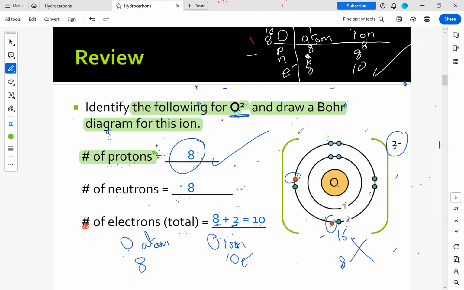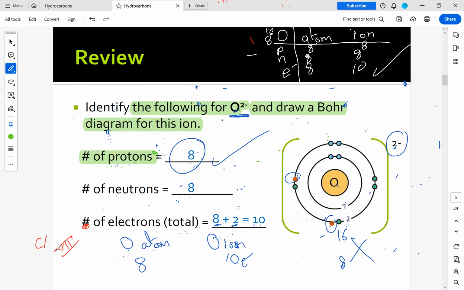Regarding chlorine, it is in group 7. How many electrons does it have in the outermost shell?